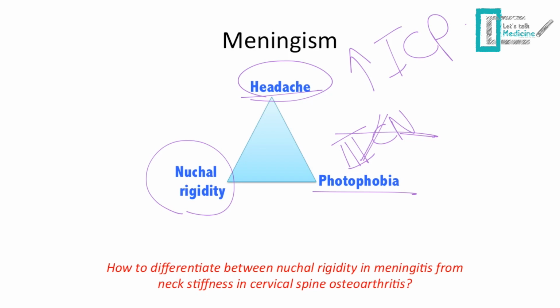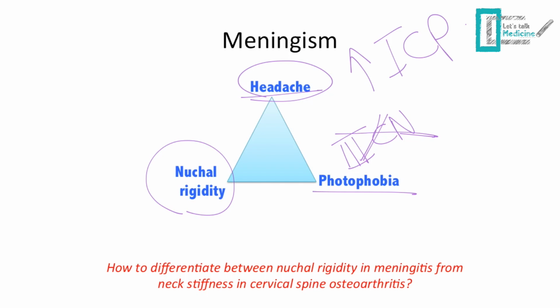And finally, we have nuchal rigidity, which is basically decreased ability to move the neck and increased rigidity of the neck muscles. How can you differentiate it from, for example, neck rigidity because of cervical spine osteoarthritis?